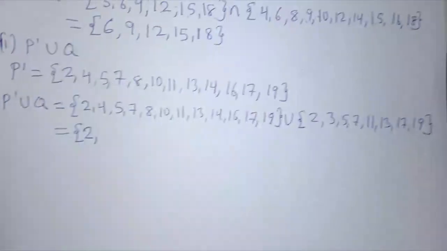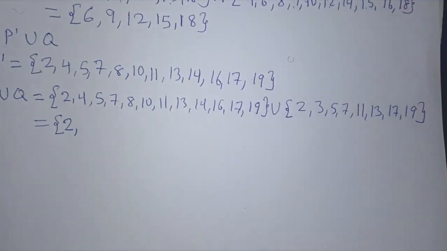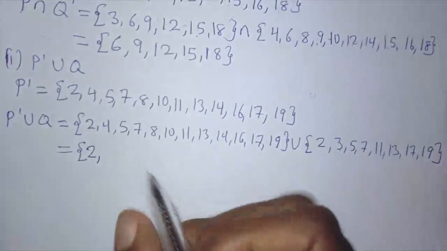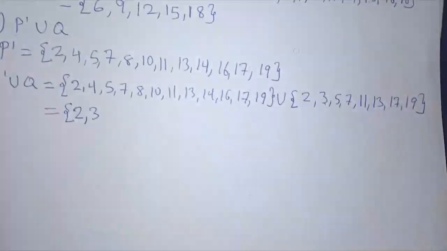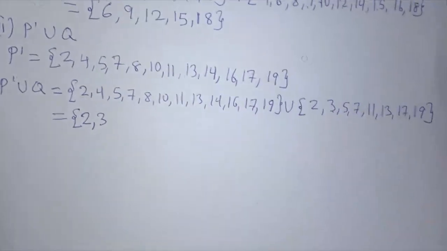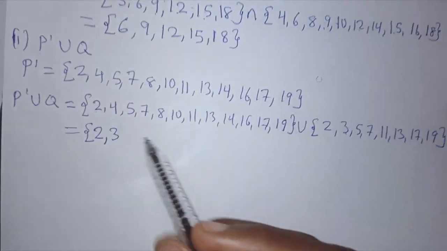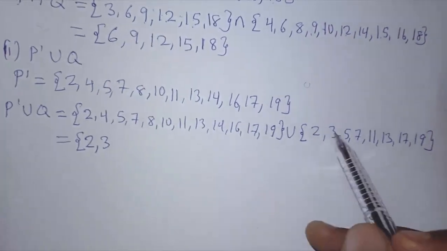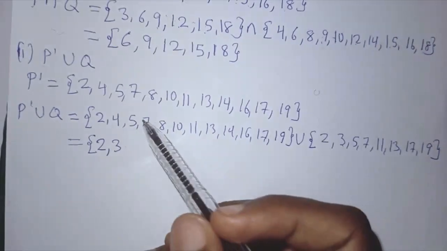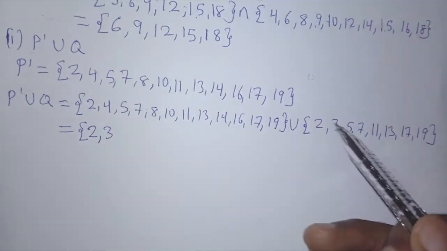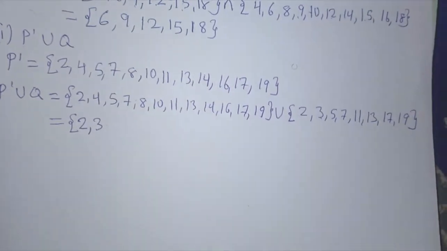Please note that you must not repeat what's common to the two of them. 3 is in this set, but it is not here, so you still write it. The point is, at least one of them should have that element before it can appear here. If one has it and the other does not, it is fine, you include it. If both of them have it, you write it just once. So there must be no repetition.